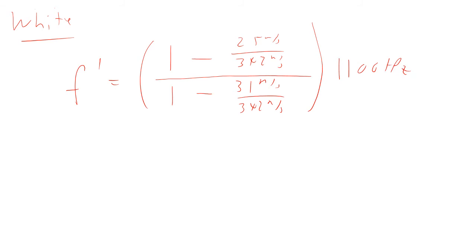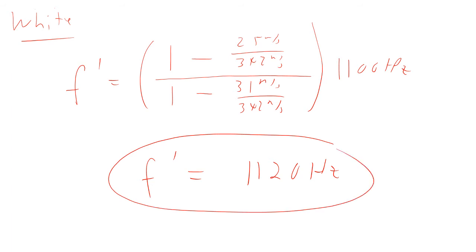Remember, the plus and minus are backwards in the numerator and denominator. All right, so F prime is going to be 1120 hertz. So that's the tone the person in the white car hears.